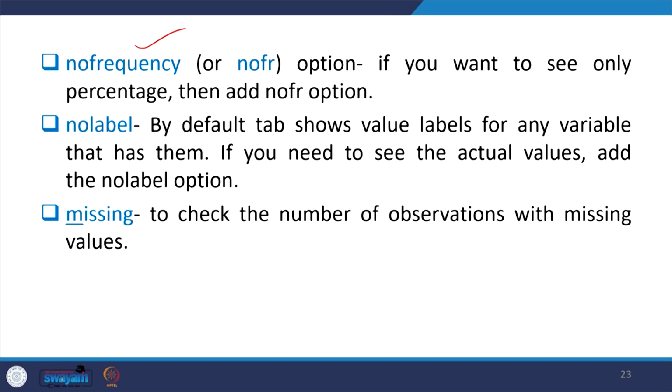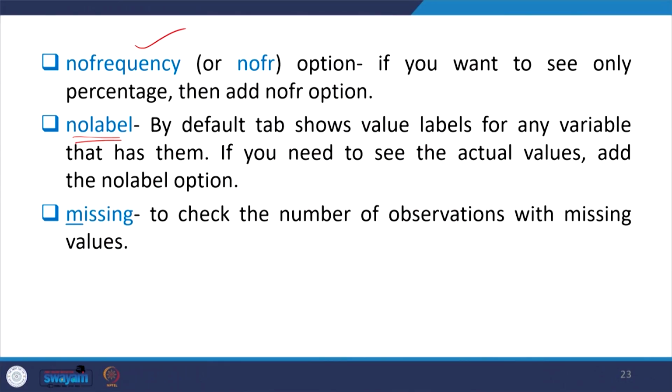If you need to see the actual values, add the nolabel option. Then the actual code will be displayed in the result. Since we haven't labeled our variable, we are not going to run this command at this moment. I will discuss labeling, then we can run it accordingly.